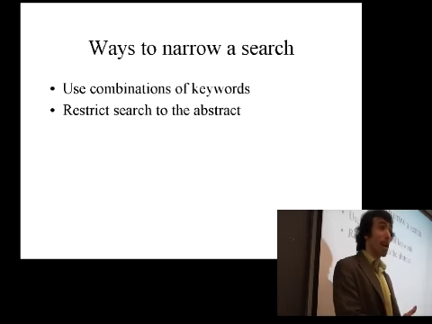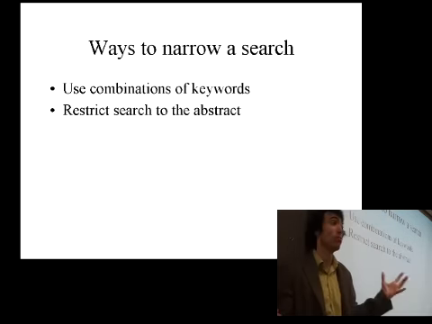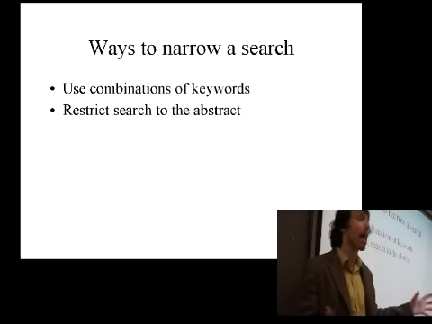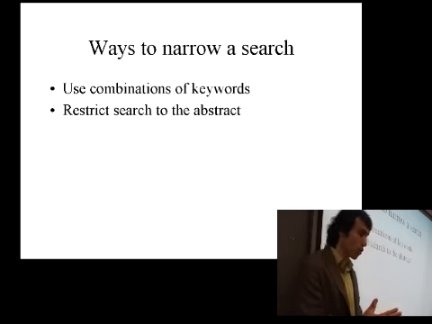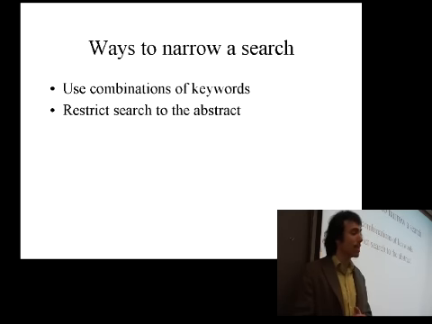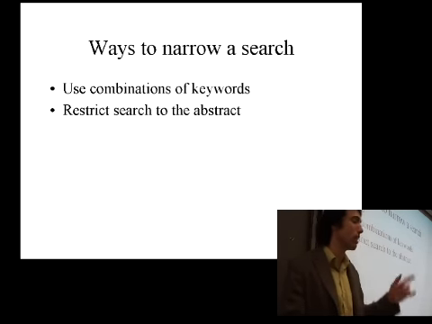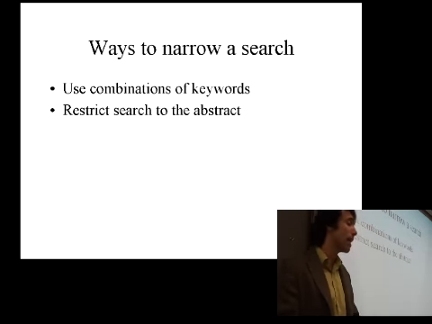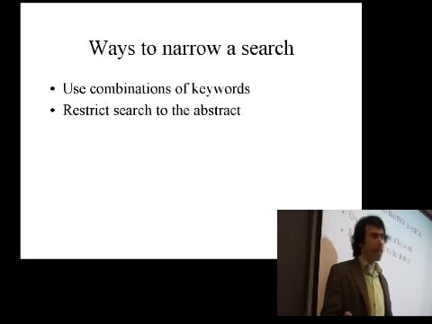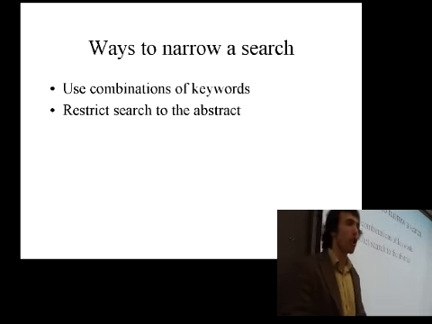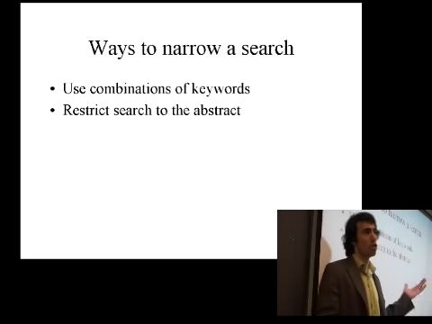So for example, if I invented an electric razor, I could combine "electric" and "razor," and that would narrow down how many hits I had, just like it would when you're on Google or Yahoo. But something that you can't really do easily just searching in Google per se is restrict the search to the abstract. The abstract is basically a one-paragraph summary that is in most newer patents.